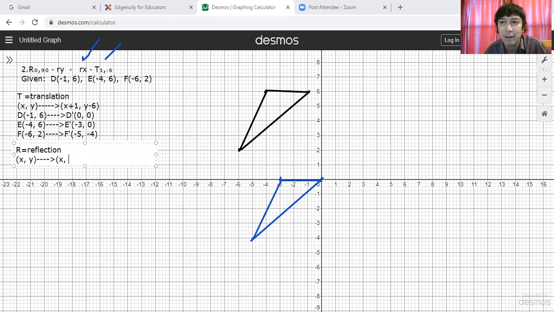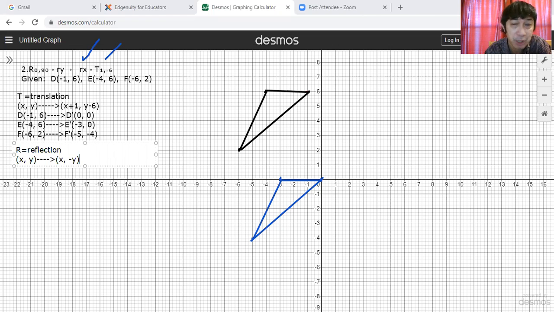Now the y values will change. It will have a reversal in signs, so this will become negative y. So this is the reflection rule.